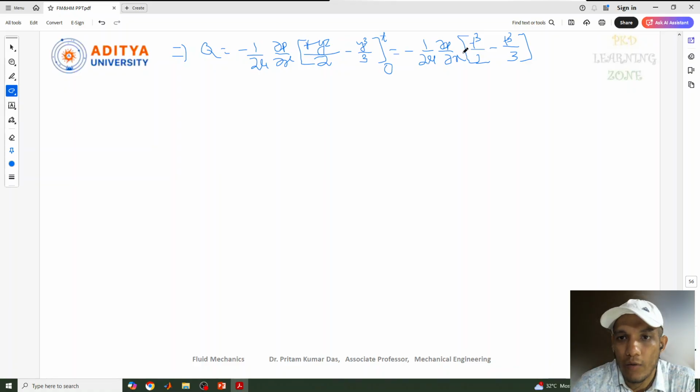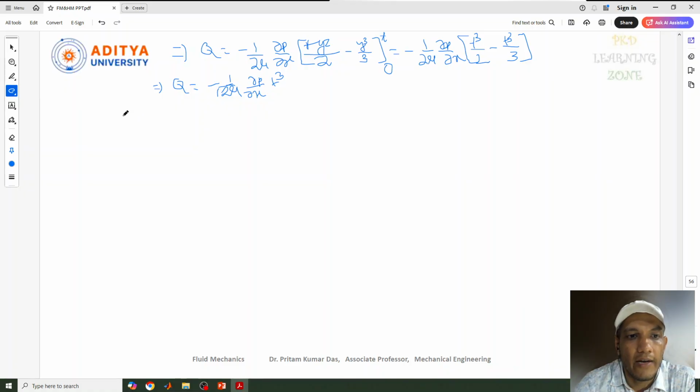So Q equals minus 1 by 2 mu del p by del x into t cube by 2 minus 1 by 3, which is t cube by 6. So we write t cube by 6 into 2, that is 12. Minus 1 by 12 mu del p by del x t cube. So this is the discharge Q.